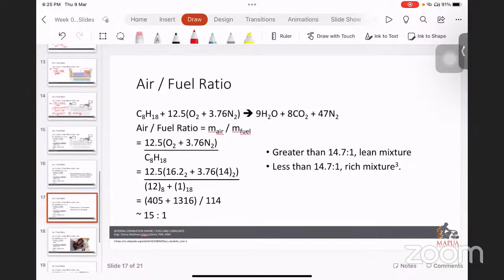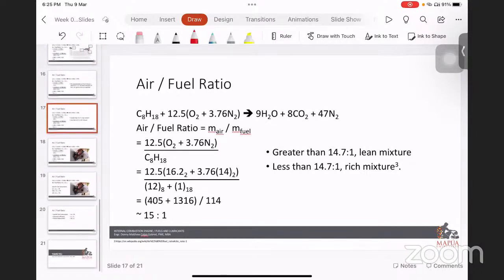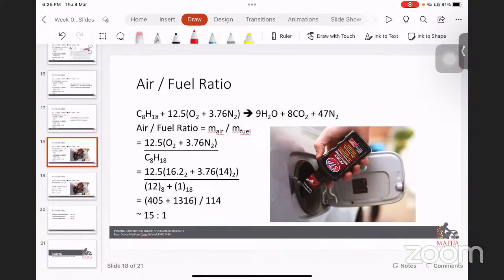All clear. So to counteract this lean and rich mixture, para magkaroon ka ng mas efficient combustion process, naglalagay ka ng mga additives. Itong additives na to, it adds yung hydrocarbons or it changes the components of your air-fuel mixture to be able to have more complete combustion process.